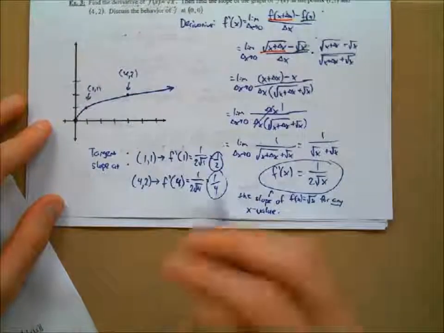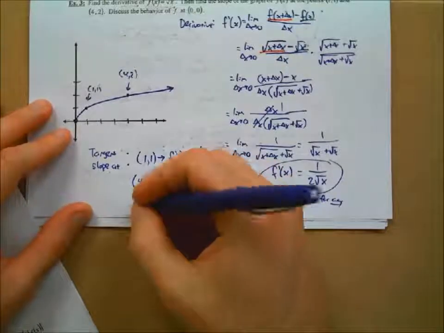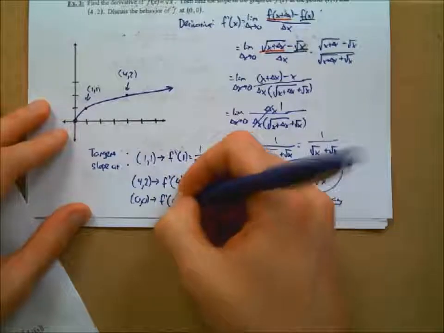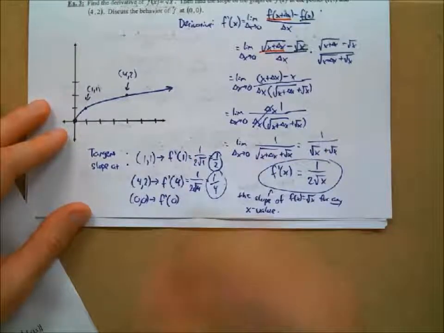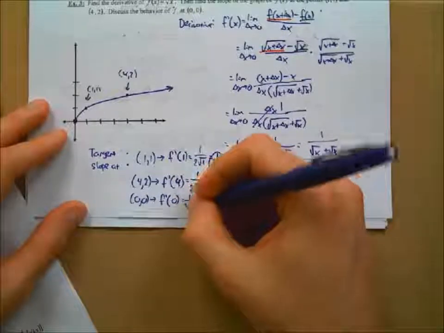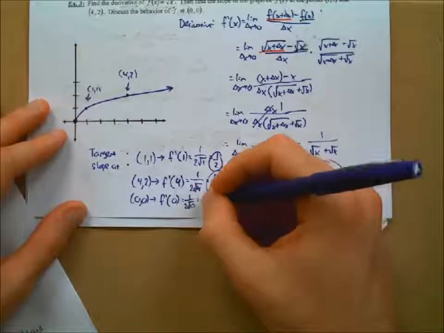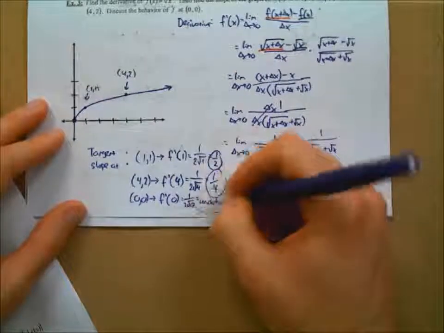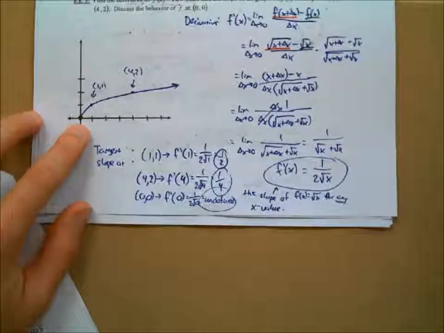But of course, then it says, discuss the behavior at 0, 0. Okay. And we end up with 1 over 2 times the square root of 0, which gives us undefined. At this point, it's undefined.